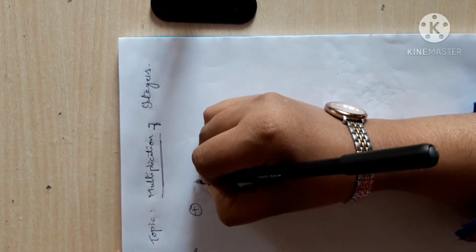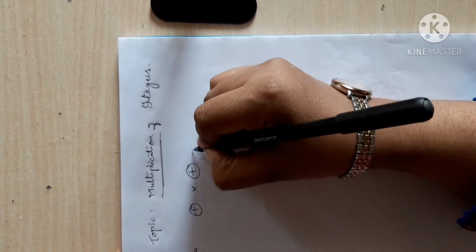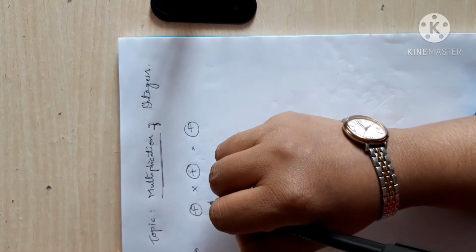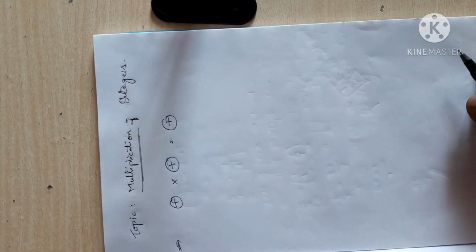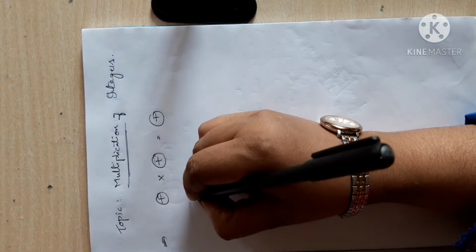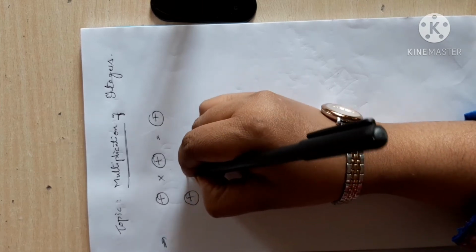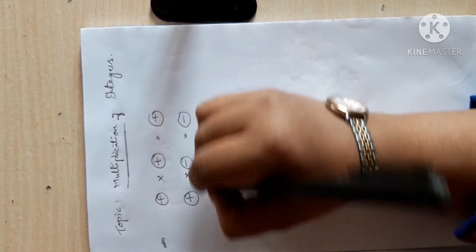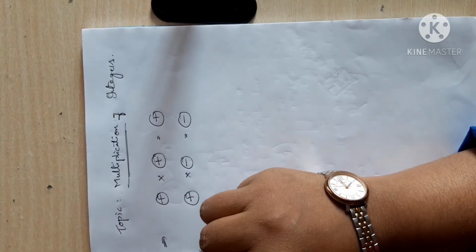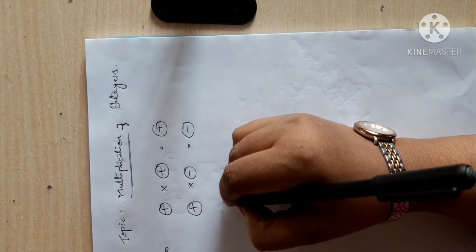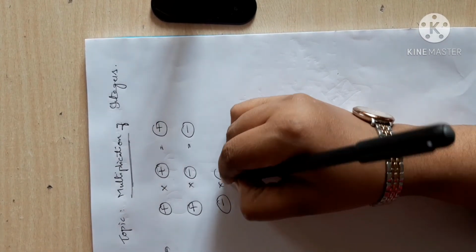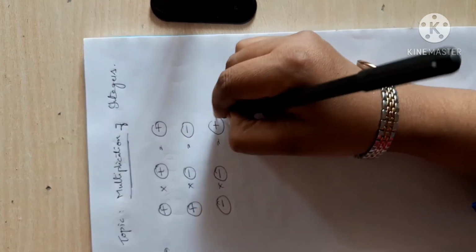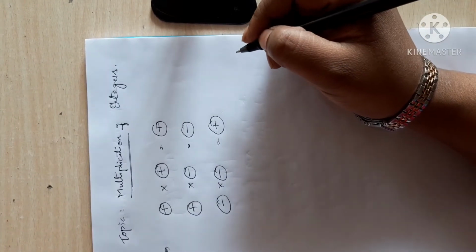When you multiply two positive integers, you will get a positive integer. When you multiply one positive and a negative, you will get a negative integer. And if you multiply both negative integers, you will get a positive integer.